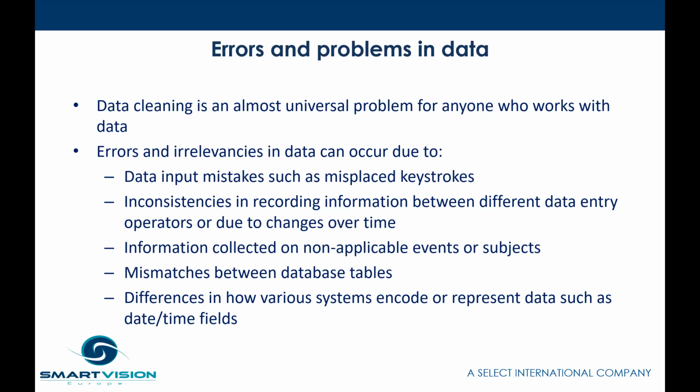You get transaction histories where you don't have a customer, or you get duplicate customers, or you get values which have changed in how they've been recorded over time. That in itself can mean that the data set you get is far from perfect, and you need to be able to recognize that, identify those issues, and change them. And there are just differences in how various systems encode or represent data. A common perennial problem is date and time fields.